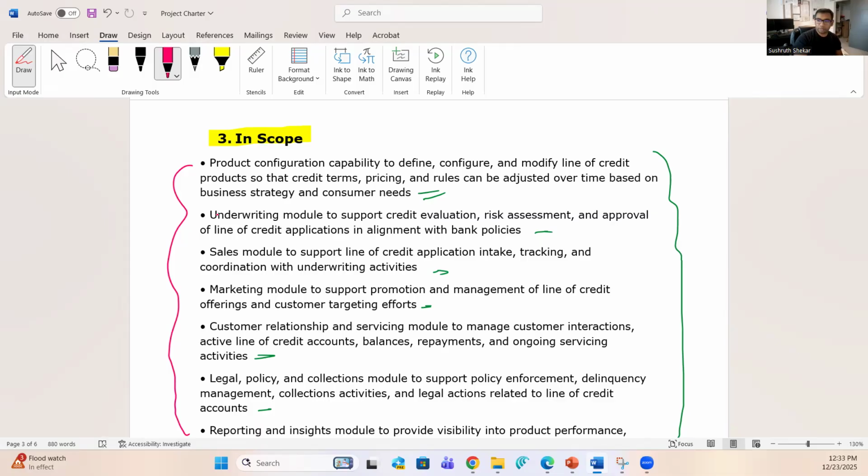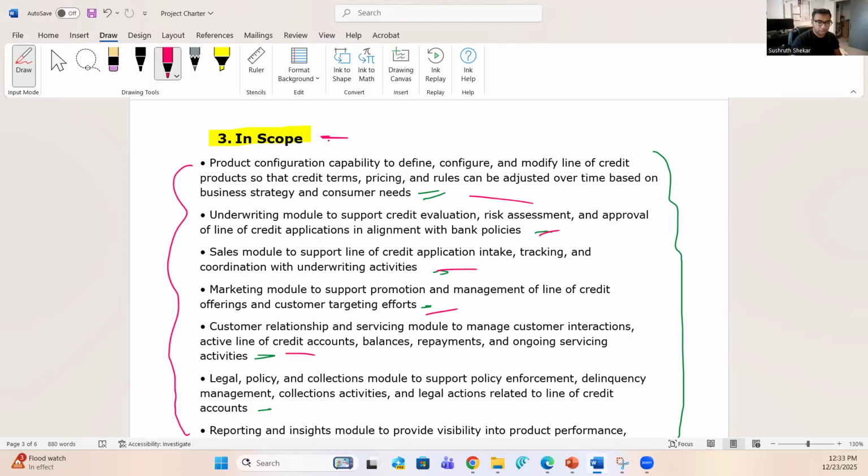If you think about it, it has got nothing to do with line of credit. So you should be able to look into all these in scope items and get back to the business stakeholders and say, this is out of scope because it's not included in the in scope items. That is what you should cite.